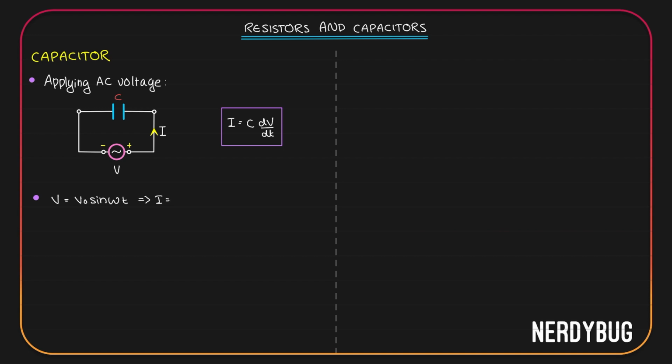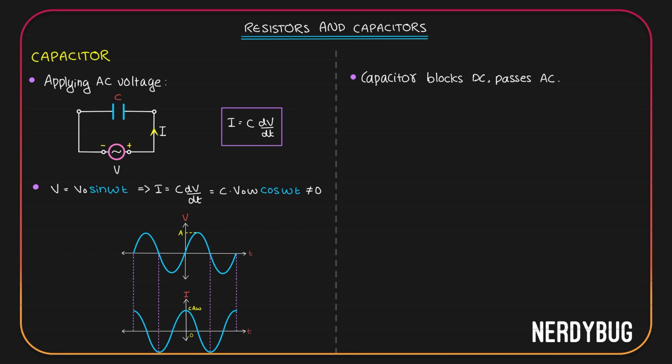Then I will be C dV by dt, that is C multiplied by the derivative of V naught sine omega t, which is V naught omega cos omega t. This obviously is not equal to 0. Instead, it is an alternating current. Here we have sine omega t, here we have cos omega t, which means the current is leading the voltage by 90 degrees. If we plot both of these, this is how it will look like.